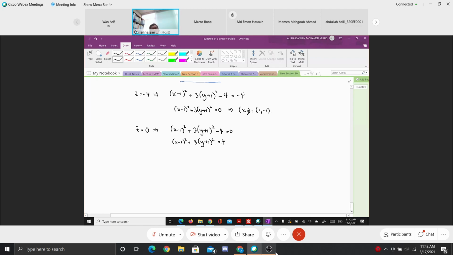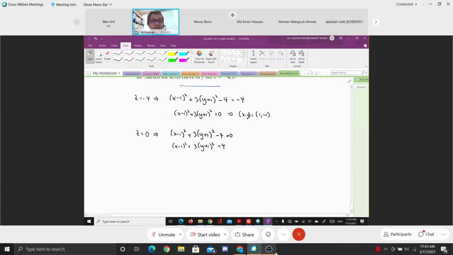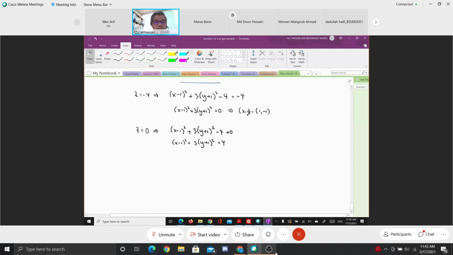Now what is this equation? Does anybody here know what is the graph of this equation? Is it an ellipse, Doctor? You need to sketch, right? Sketch the level curve. Yes, you're right. This is an ellipse.